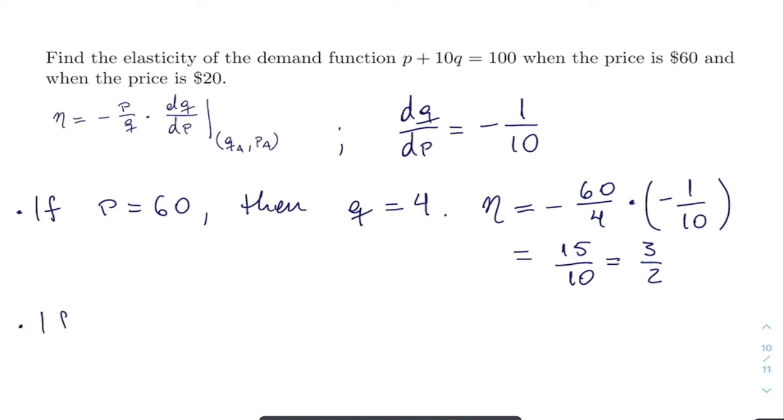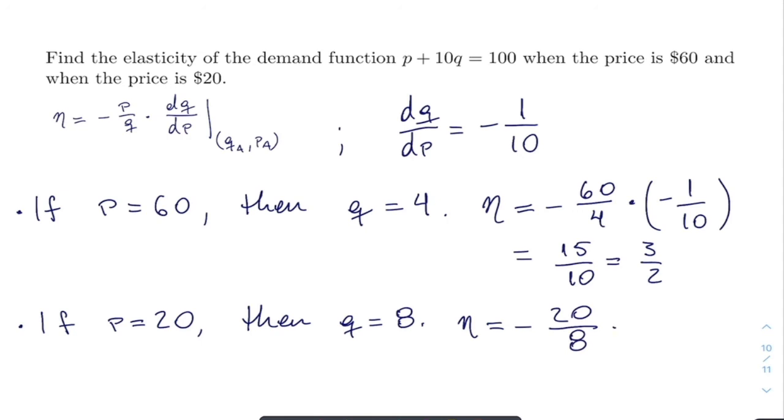The second case, we have that the price is equal to 20, so the quantity is equal to 8. So in this case, the elasticity is equal to negative 20 divided by 8 times negative 1/10, which is equal to 1/4.